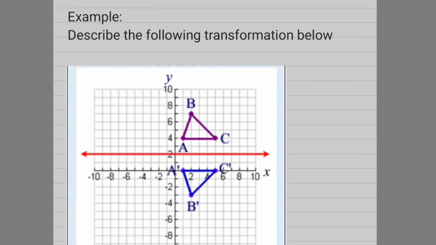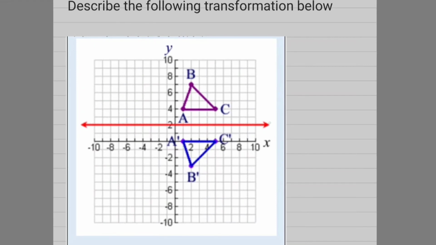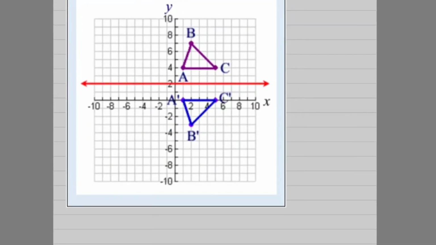It's a reflection, and as mentioned just now, when we describe a reflection, we have to get the mirror line. We see this is the mirror line. They already gave us this mirror line; normally we have to find it. To describe this, this is the object and this is the image. The mirror line is the line y equals 2.